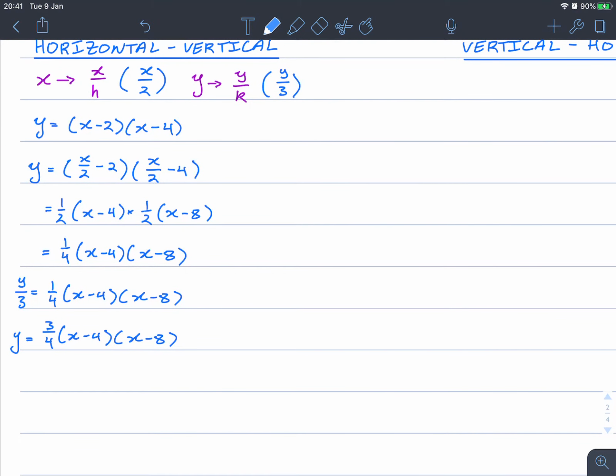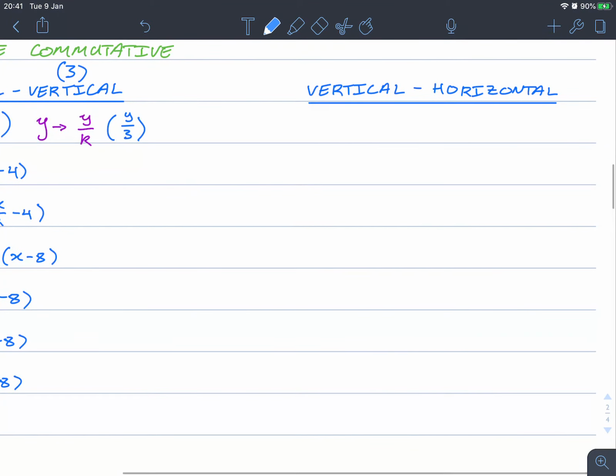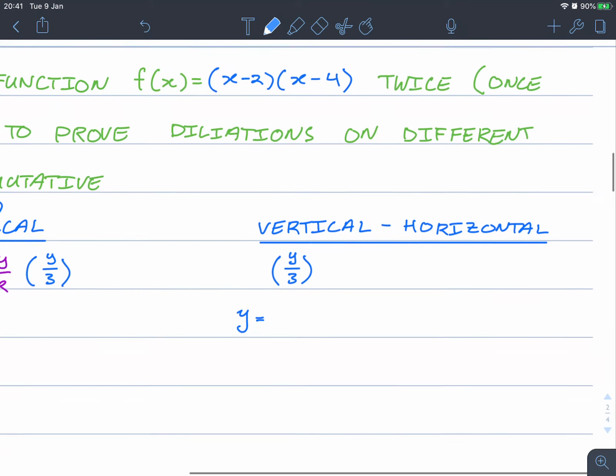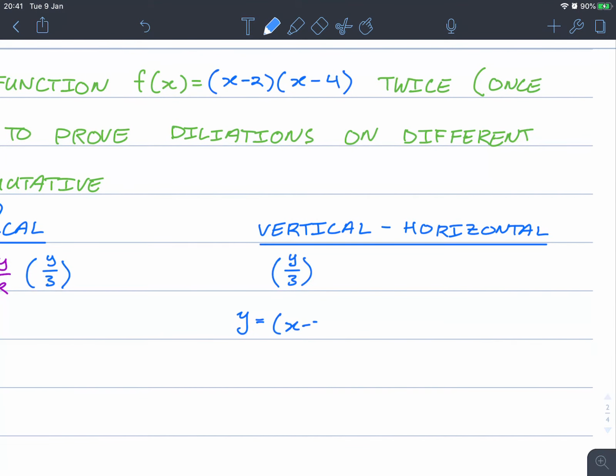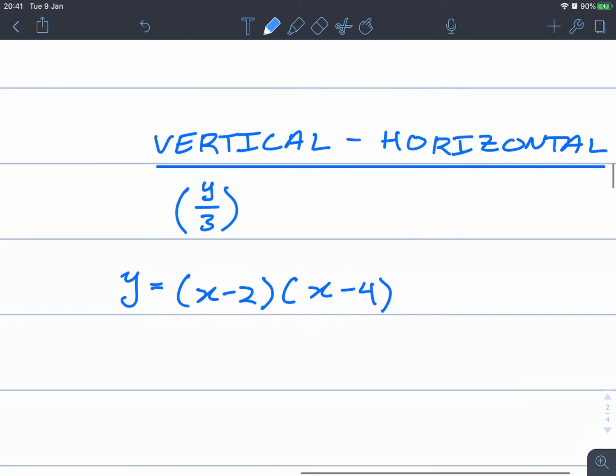So that's what happens if we dilate horizontally and then vertically. Let's take a look at what happens if we do this in the other order. So let's do the vertical dilation first. Let's replace y with y over 3. So here's our function again: y equals (x minus 2)(x minus 4). And let's replace y with our dilation of 3, so y over 3 is equal to (x minus 2)(x minus 4).